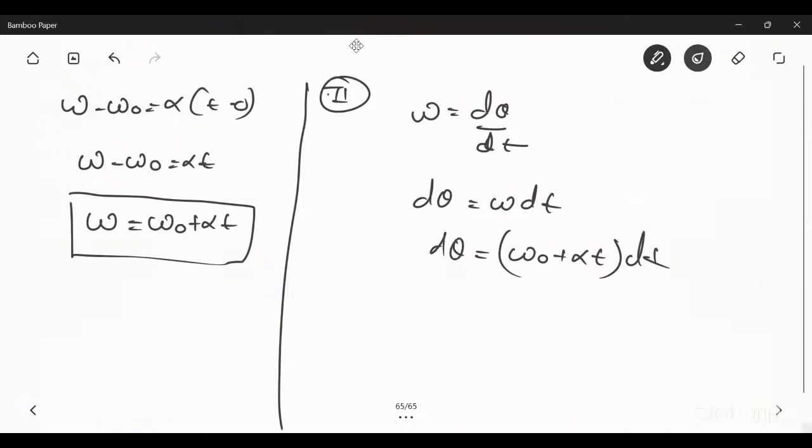At t equal to 0, theta equal to 0, that means at zero time no distance is covered, so angular displacement will be 0. At t equal to t, theta equals theta. So on integration, integral of d theta from 0 to theta equals integral from 0 to t of (omega naught plus alpha t) dt.